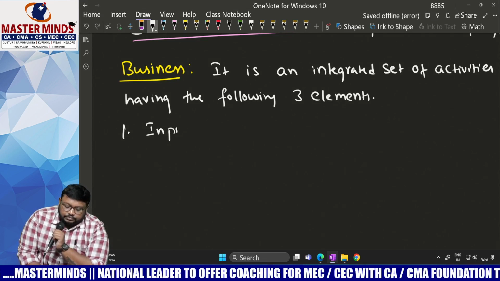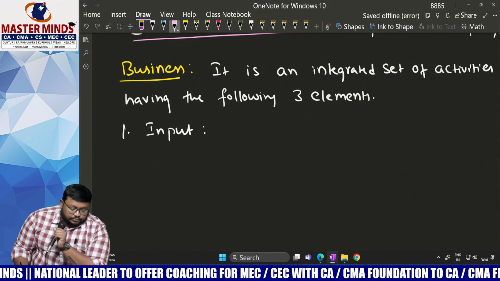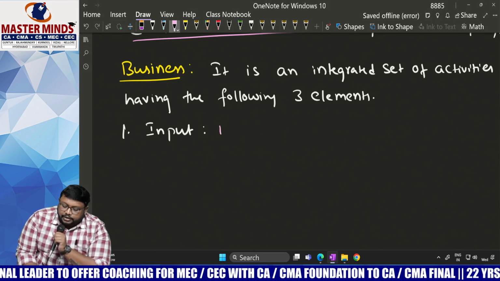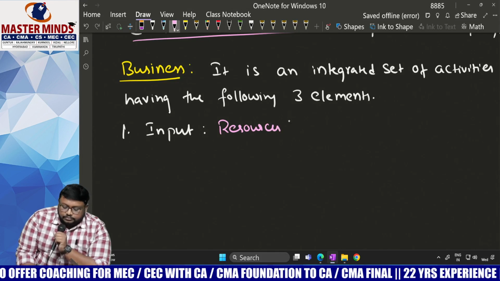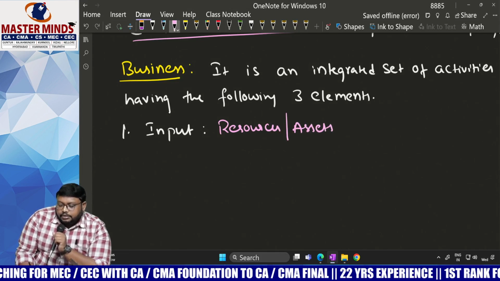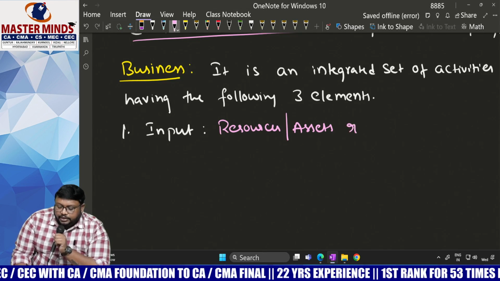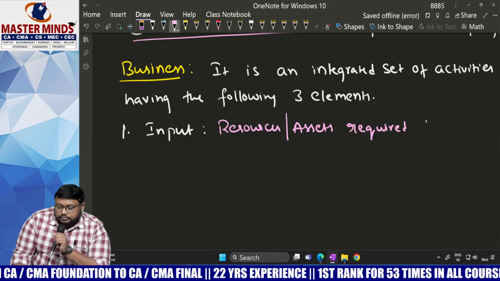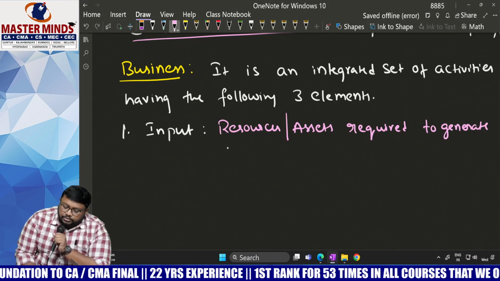Input. You can write resources or assets required to generate output.